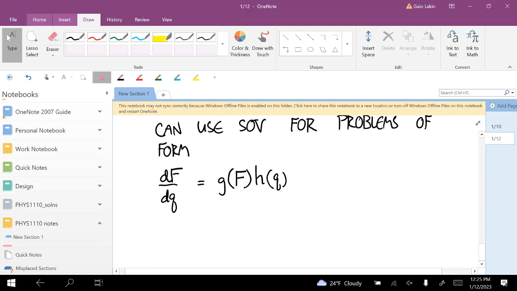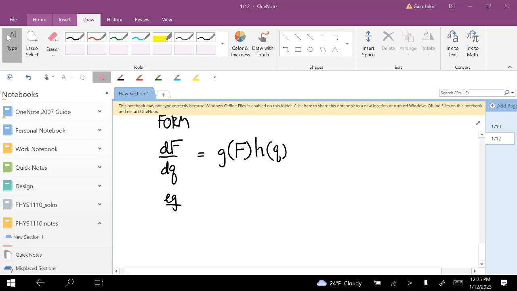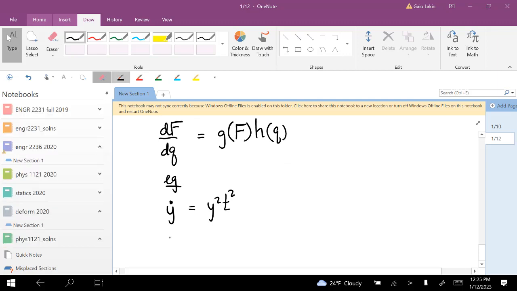Okay, so what does this mean? So for example, let's say that we have the problem y dot is equal to y squared t squared. Does this meet this form? Yeah, and maybe to see it, you might have to fiddle with it a little.